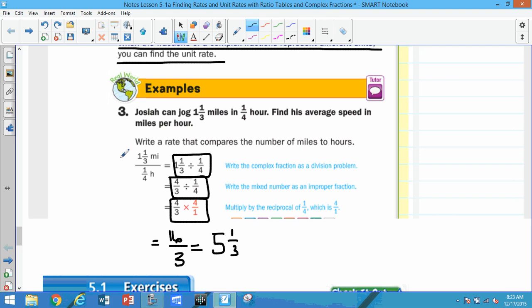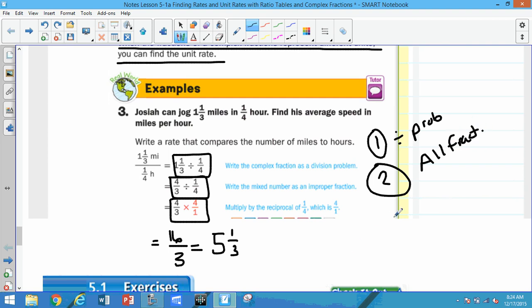So this is probably the most complex of the complex fractions that you're going to have, because first you're going to have to make it a division problem, right? And then second, you're going to have to make them all fractions, meaning no mixed numbers. Okay, and then third, you're going to have to turn it into a multiplication problem.